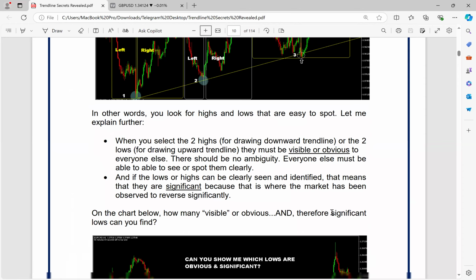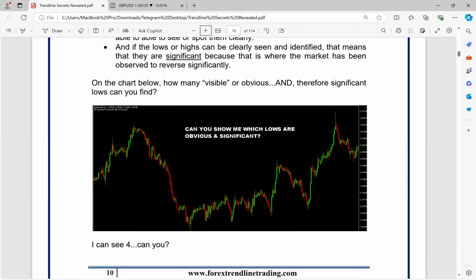Now, it shows us another illustration below. It says, on the chart below, how many visible or obvious and therefore significant lows can you find? Can you show me which lows are obvious and significant?